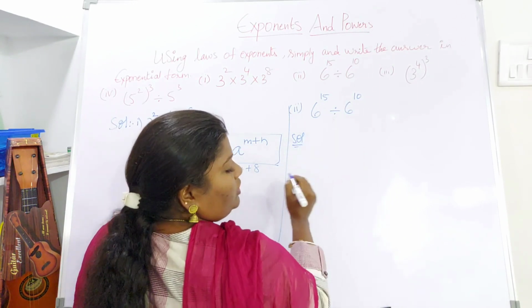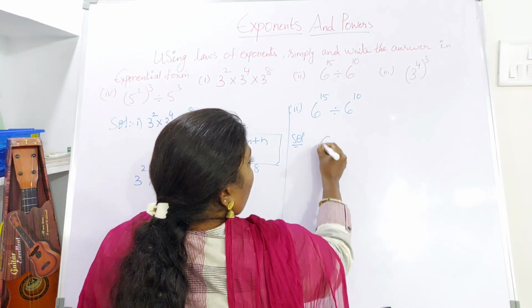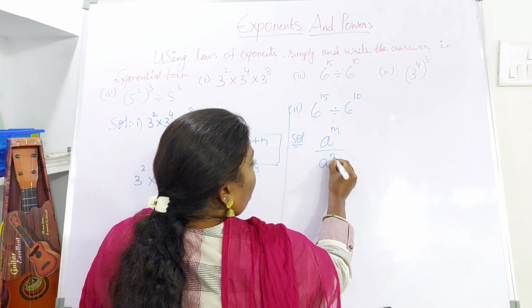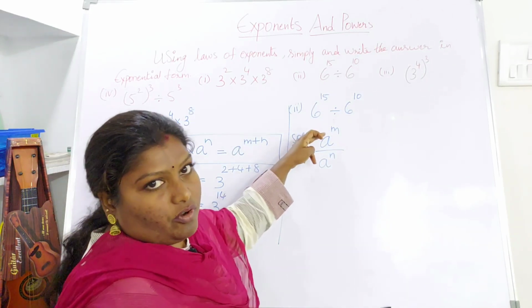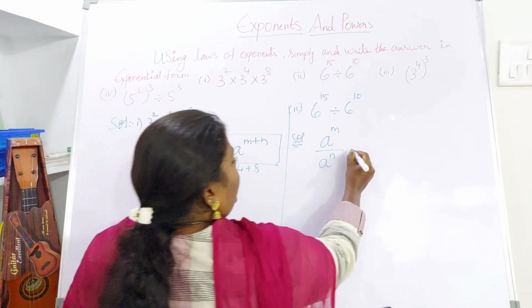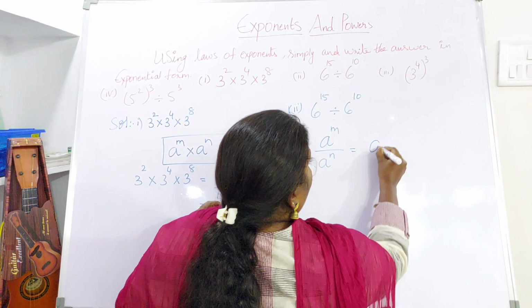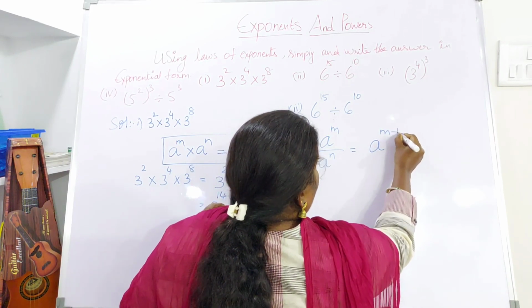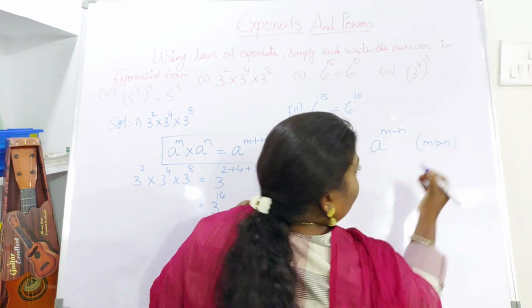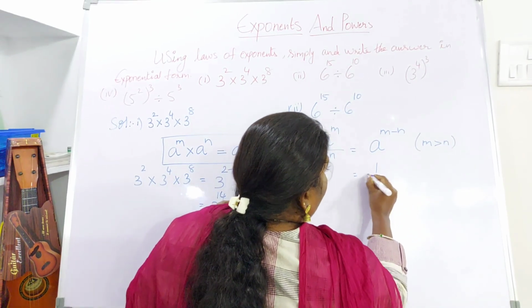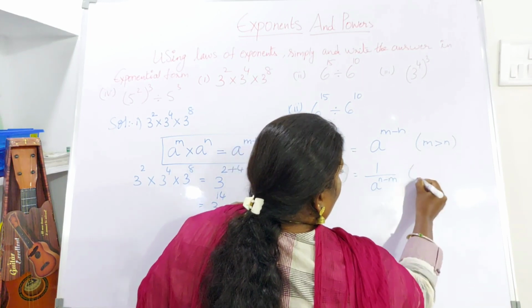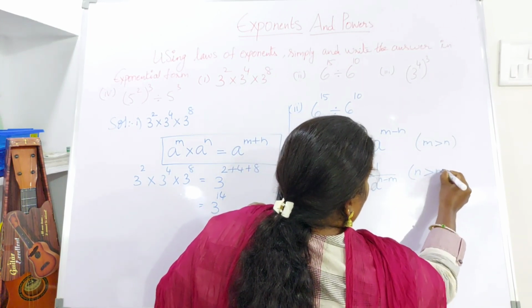So here you are going to use the law of a to the power of m by a to the power of n, where you have a to the power of m minus n when m is greater than n, and 1 by a to the power of n minus m when n is greater than m.